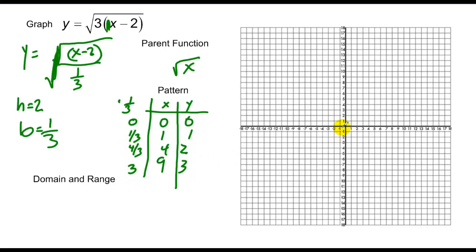So we graph that again, all from the point 2, 0. Here's 0, 0. I move over a third and up 1. Move over 4/3 and up 2. And then move over 3 and up 3.